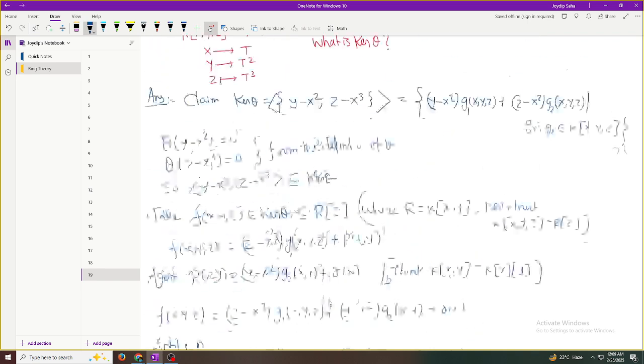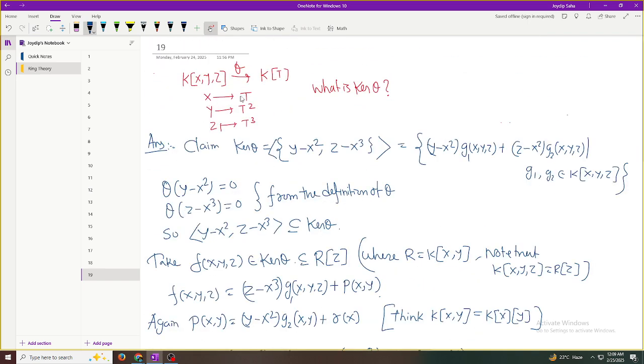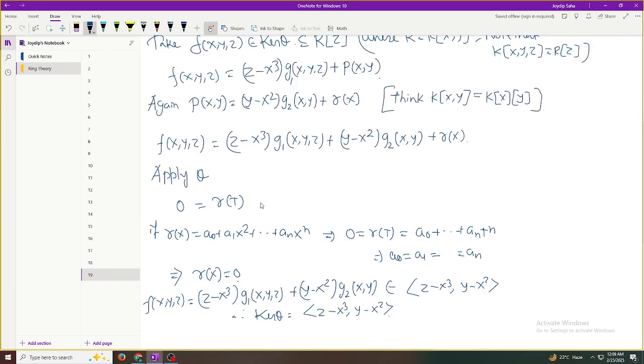Now if I say x goes to t square, y goes to t cube, z goes to t to the 5, so 2, 3, 5, okay, x goes to t square, y goes to t cube, z goes to t to the 5. And what is the kernel? Can you say?